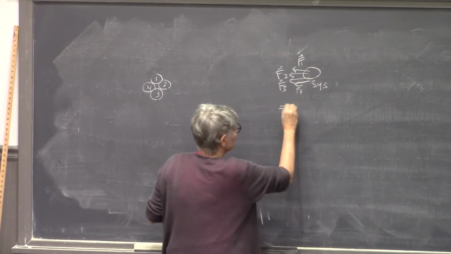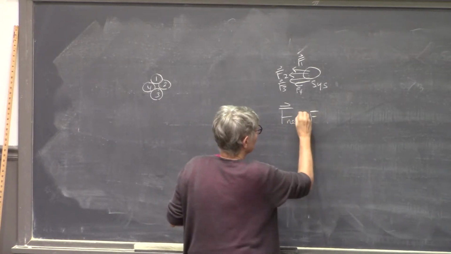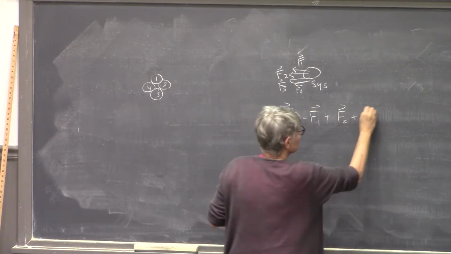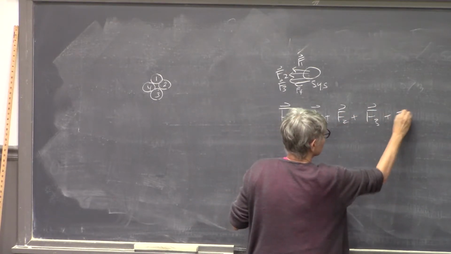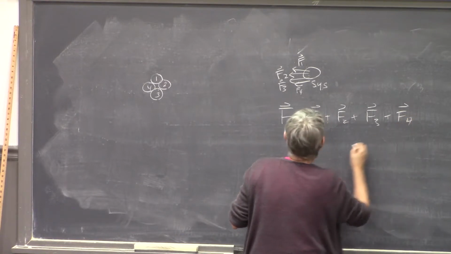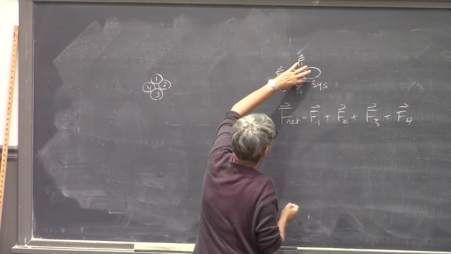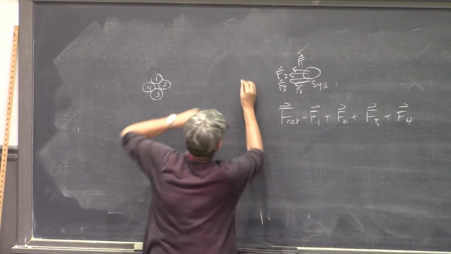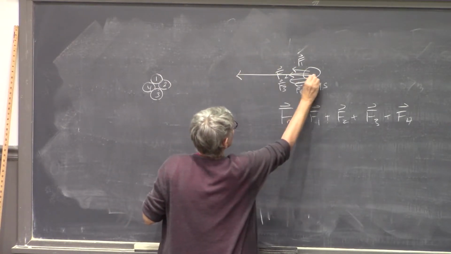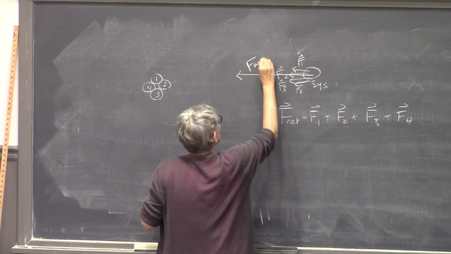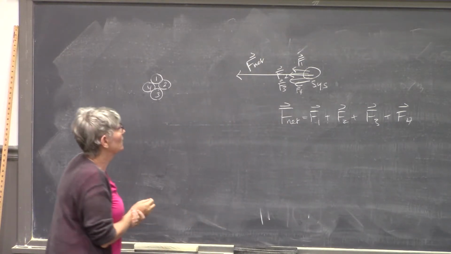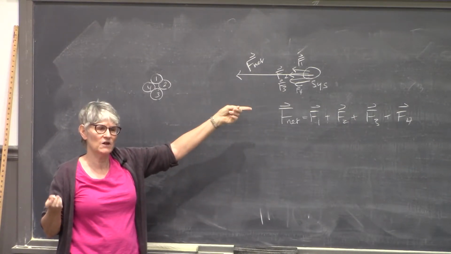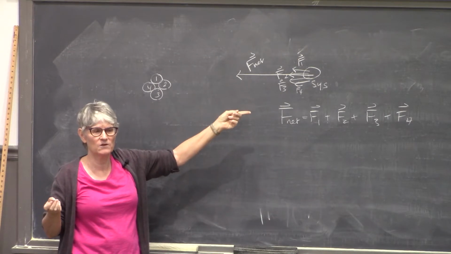And so the net force here is F1 plus F2 plus F3 plus F4. And so if we do it graphically, it would be 1, 2, 3, 4. Okay, so each of these atoms exerted the same force on our system, and we added it up and got the net force.